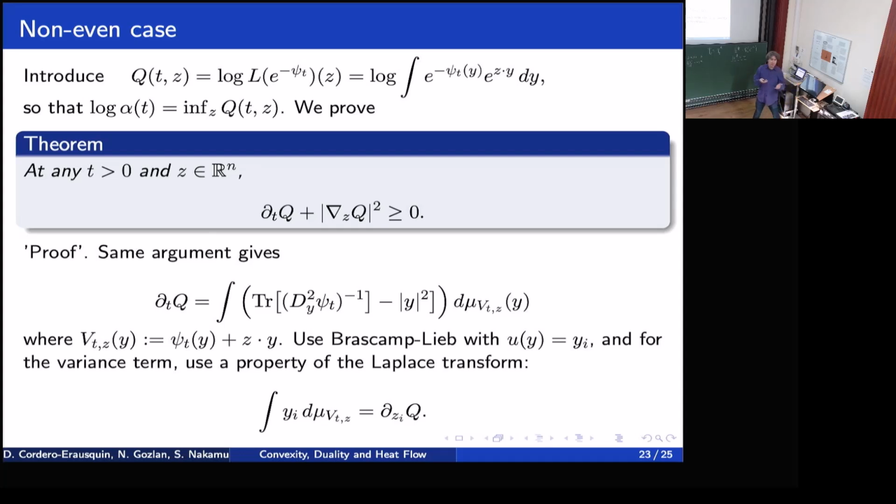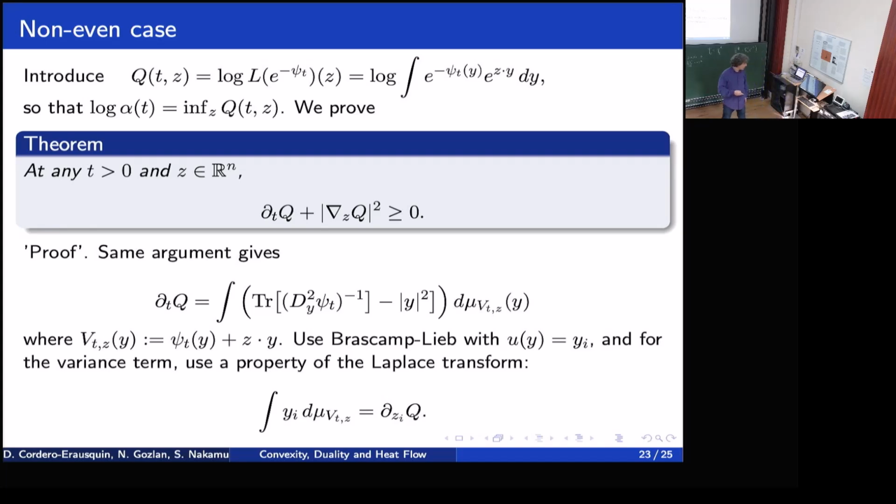But this is now a property of the Laplace transform, that this barycenter is the derivative in space of the Laplace transform. This is classical, how derivatives of the Laplace transform give barycenters. Okay, so you add up. You have an extra term, this square, you add them up, and you end up exactly with this formula.